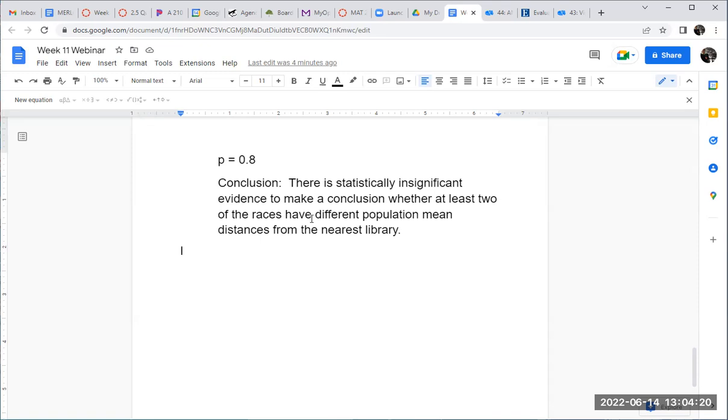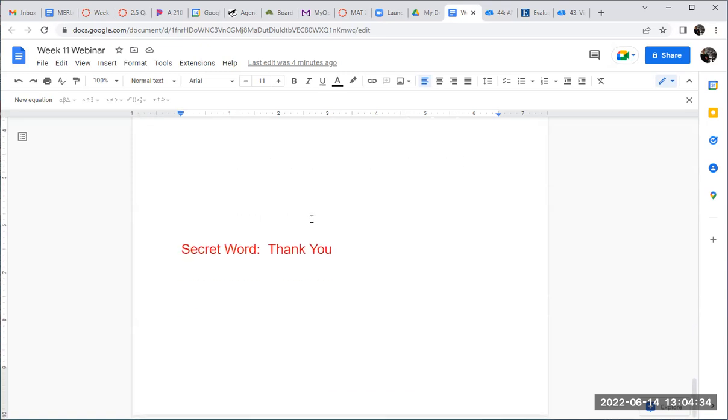Okay, so what do I still have to do? Here's the hint, I forgot it once. Oh, the secret word. The secret word for this week is two words, actually, so it's a trick question in a way, and it's thank you. I want to thank you for not having any aggressive, bad people doing bad things to each other or anything like that.